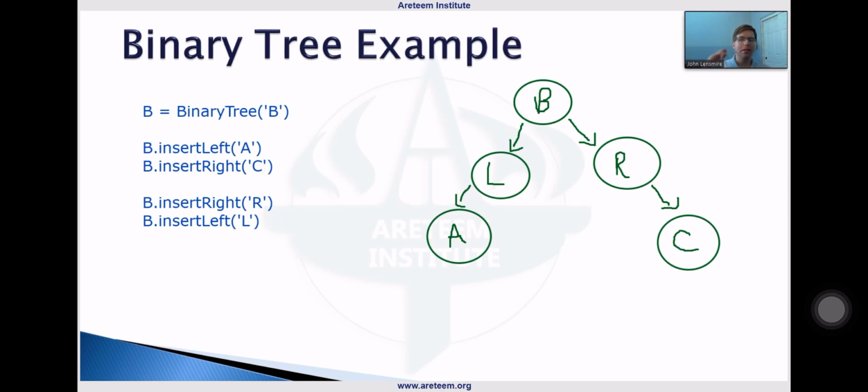Now, one thing I want to mention, as far as B is concerned, if we're thinking about a binary tree there: suppose we want to add a node here. Suppose we want to add D as the right child of L. Can we do this with a direct command from B?